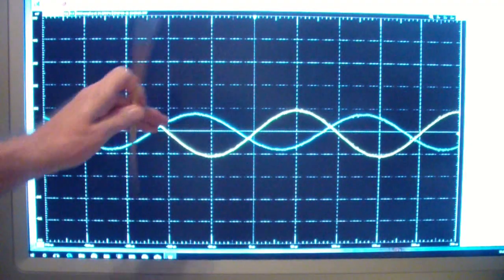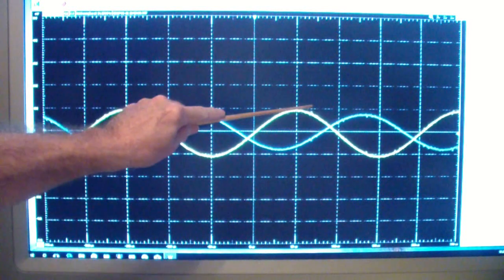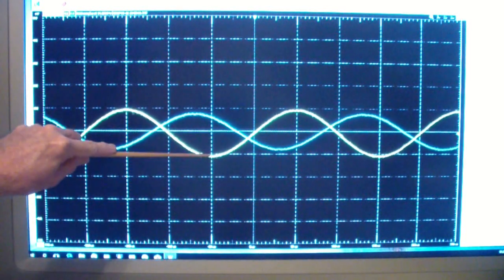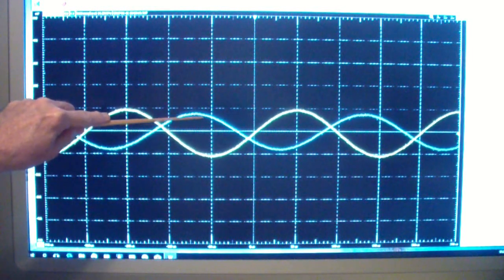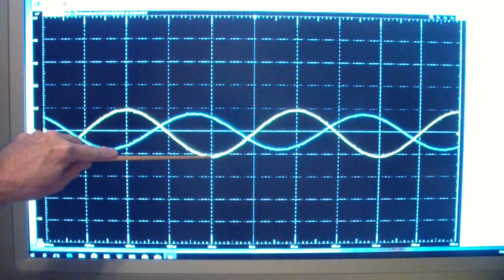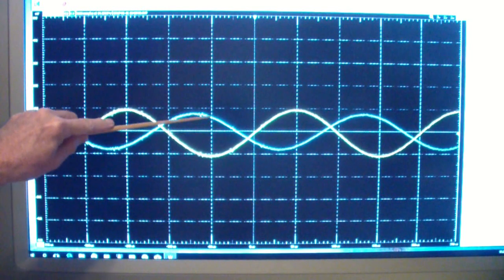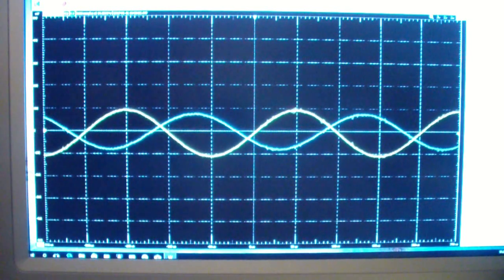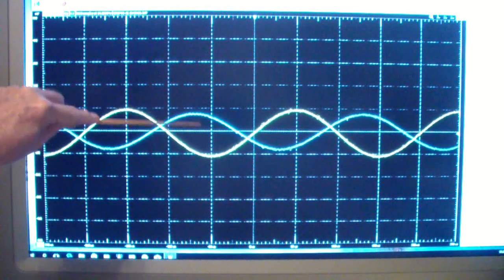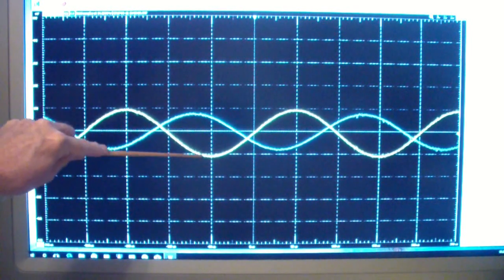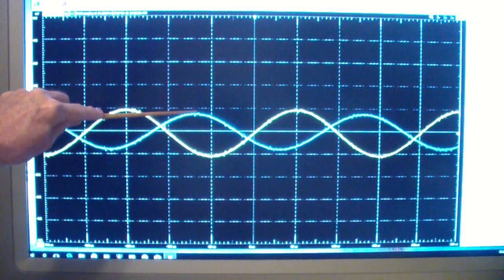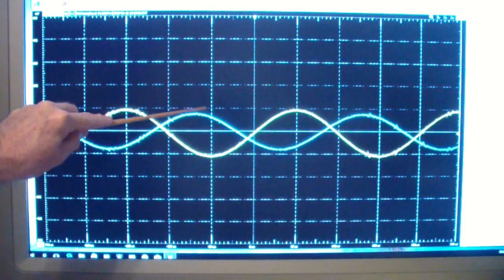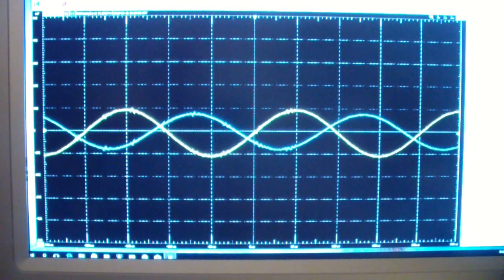You see that these are approximately the same, which means that the input is about 10% of the output, or another way to put it is, the input is being multiplied by about 10. Now we can also see that we have approximately 180 degrees of phase reversal between the input and the output. Not exact, but approximately. What does this tell us?